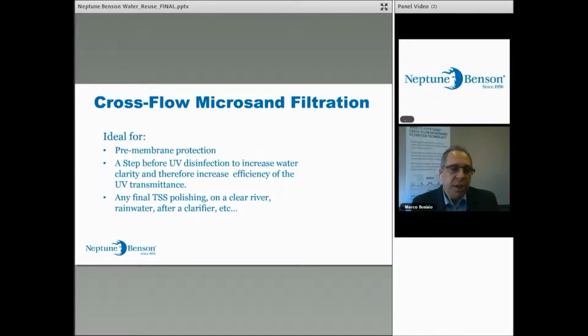It is obviously a very good system for UV disinfection as it increases the water clarity and therefore the UV transmittance and increases the UV efficiency. Of course, it can also be used as a final TSS polishing. We've seen different treatment chains in Abby's presentation. So it can be used in different places where multimedia or disc filters are used.